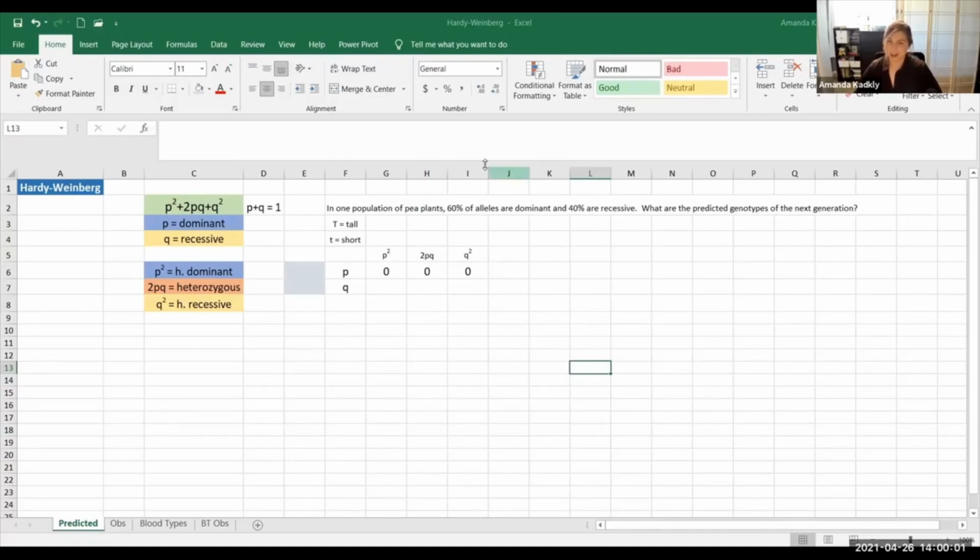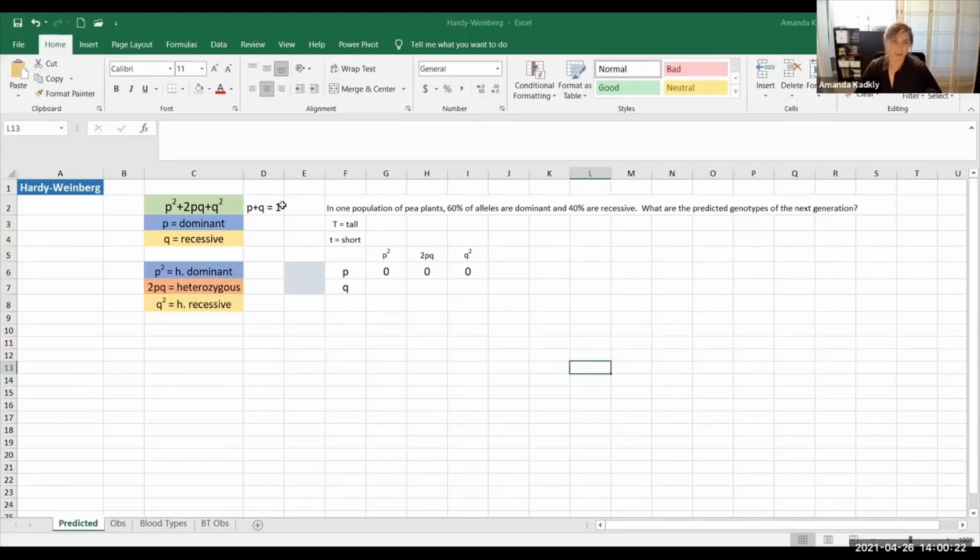So let's say we have pea plants and we know that 60% of the alleles are dominant and 40% are recessive. They should add up to 100% because an allele can only be dominant or recessive.